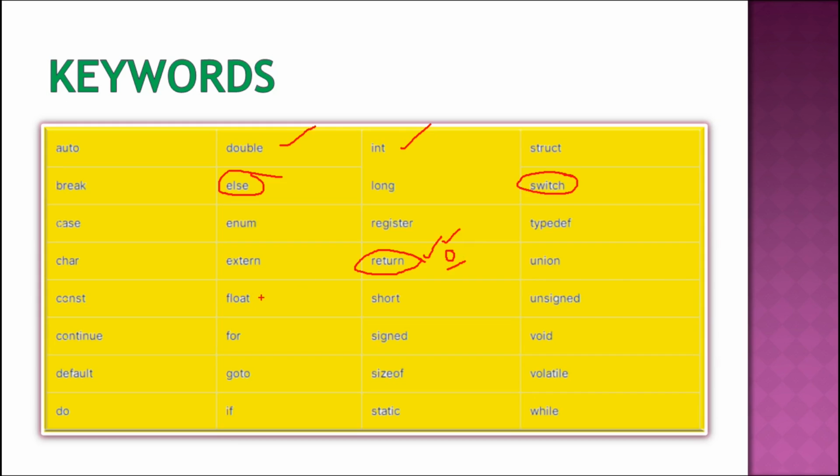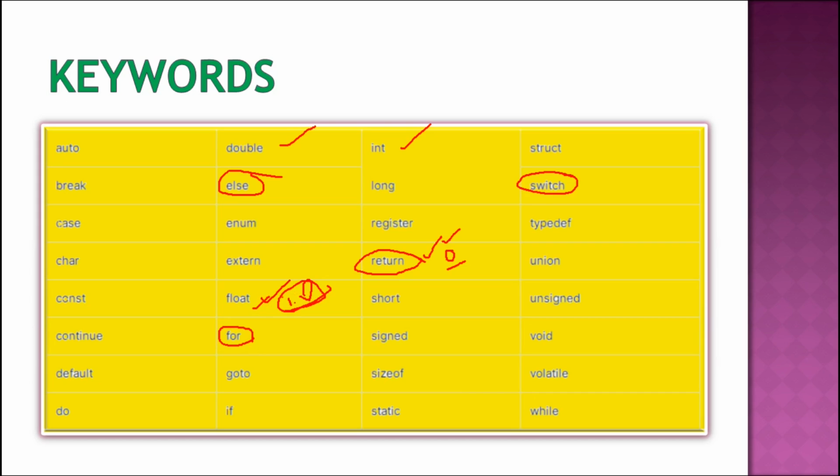Okay, float indicates the value in the form of decimals, that means 1.0. If it is represented with a point value, it is known as a float.